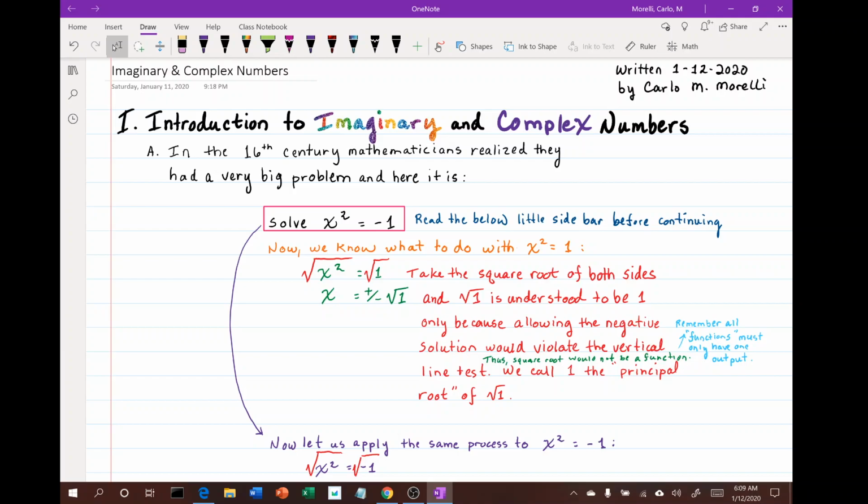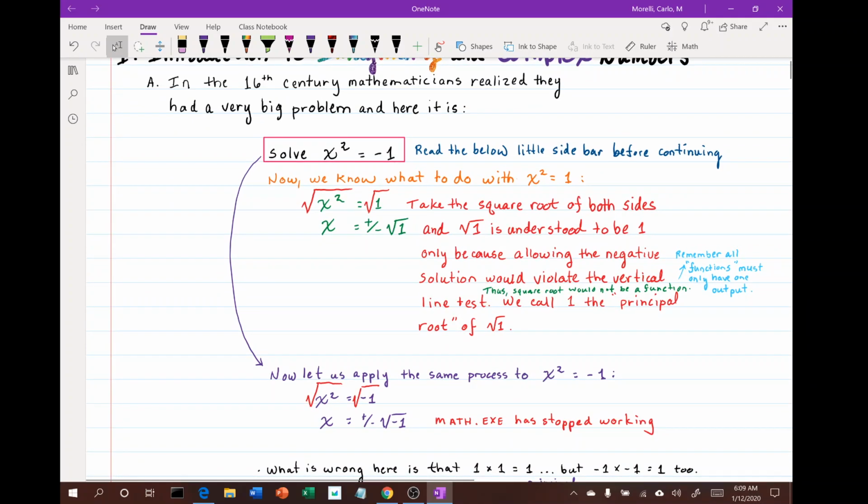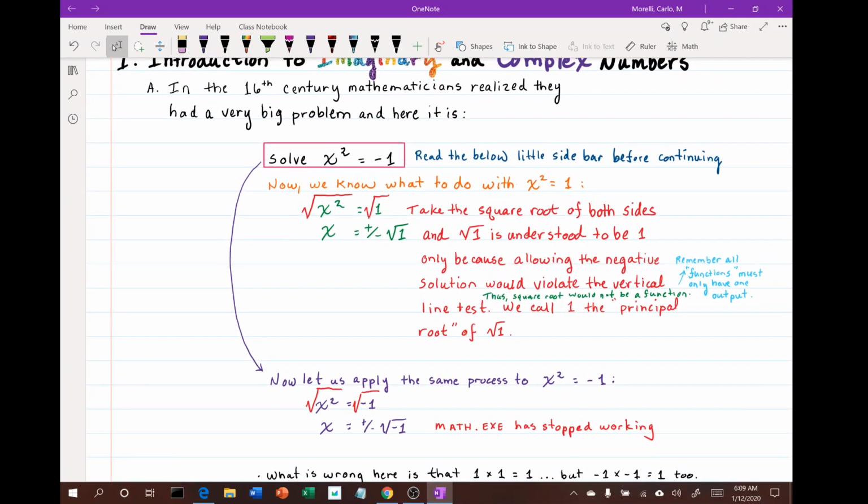So I want you to know that if you struggle to understand this, right up until about 400 to 500 years ago, nobody understood it. So let's go through the problem that they faced in the 16th century, and we'll see why it is a problem, and we'll see how imaginary numbers solve that problem.